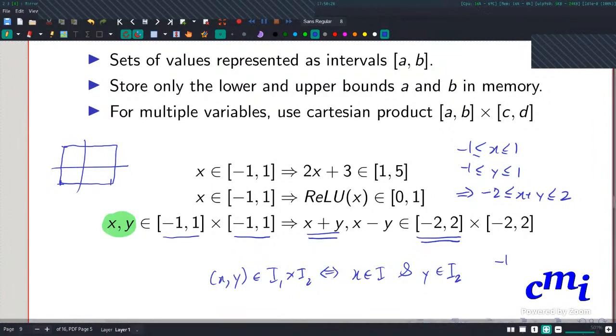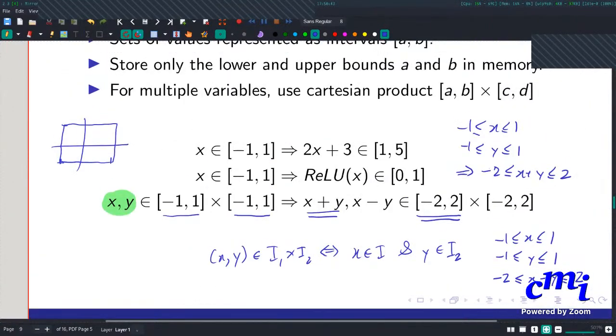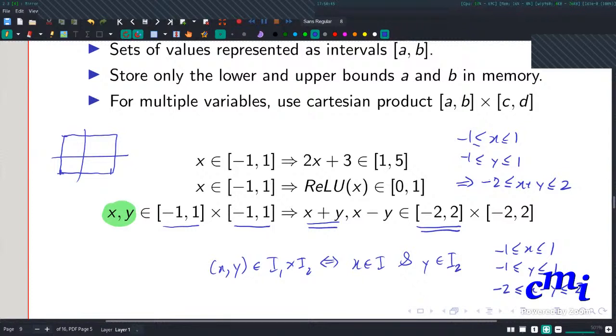Similarly, if -1 is less than or equal to x less than or equal to 1 and -1 less than or equal to y less than or equal to 1, then we can also say that -2 is less than or equal to x minus y less than or equal to 2, right? This is also fine, right? Yeah. So x minus y is also going to be in this interval.